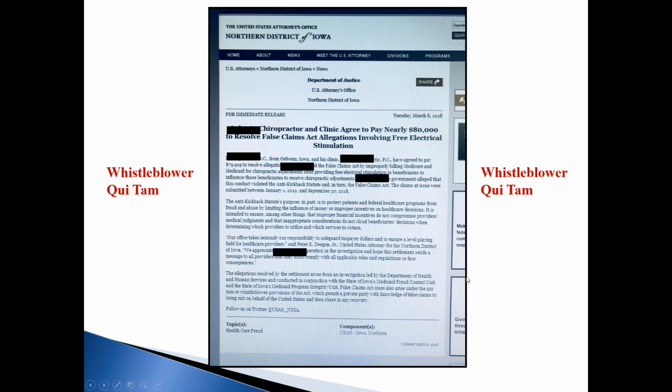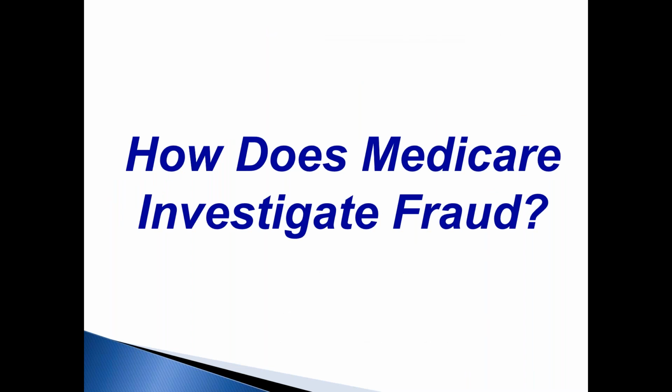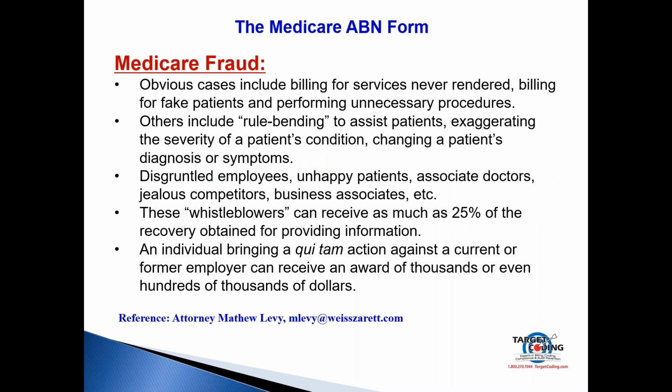Here, this one also was a whistleblower. So your billing and coding policy and procedure manual prevents this. You might say why. I'll tell you how it does in a couple of minutes. How does Medicare investigate fraud? How did they even find out, right? So obvious cases are billing for fake patients, but sometimes doctors and staff members bend the rules to make the patient happy.